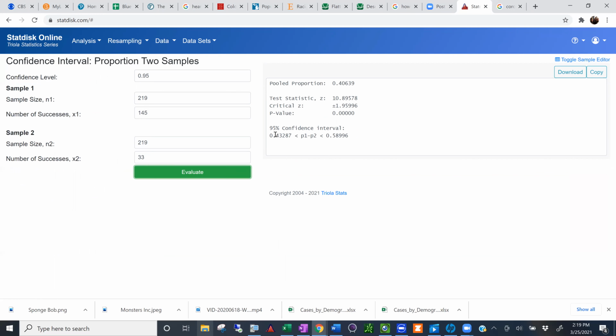Here's my confidence interval. Somewhere between 0.43 and 0.589. But that's not the confidence interval for either one of these statistics. It's the confidence interval for P1 minus P2.